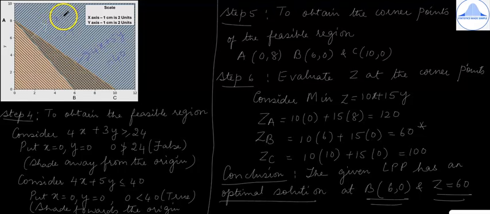So now this particular equation, that is the first equation, 4x plus 3y greater than or equal to 24, it is false, so we shade away from the origin. So this is the line. So you shade away from the origin means we have to shade on the top like this.